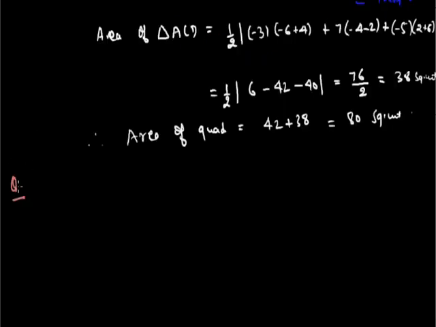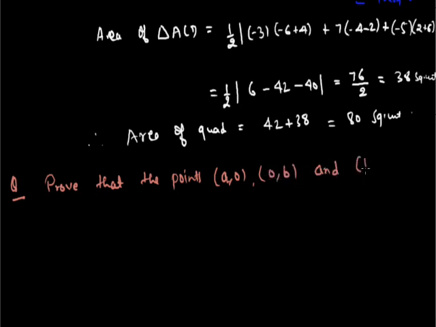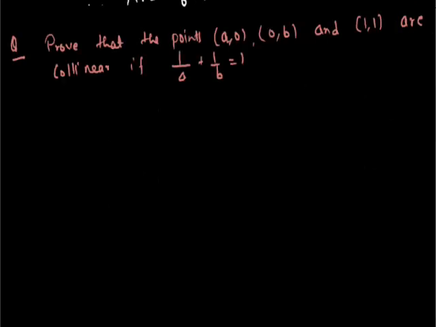Now next problem. Prove that the points (a, 0), (0, b) and (1, 1) are collinear if 1 by a plus 1 by b equal to 1.